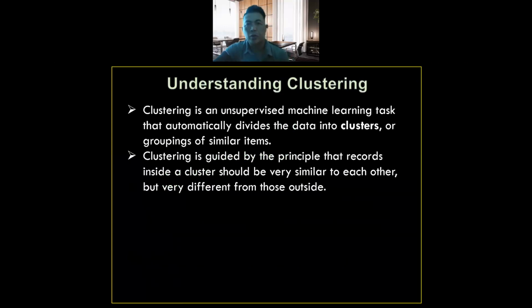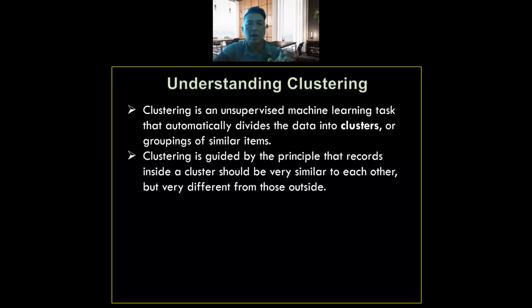So in order to understand clustering, we have to look at the definition of clustering. Clustering is considered an unsupervised machine learning task that will automatically divide your data into clusters or groups. They are grouped based on the distance between themselves.